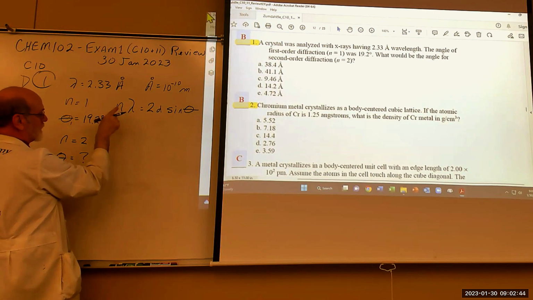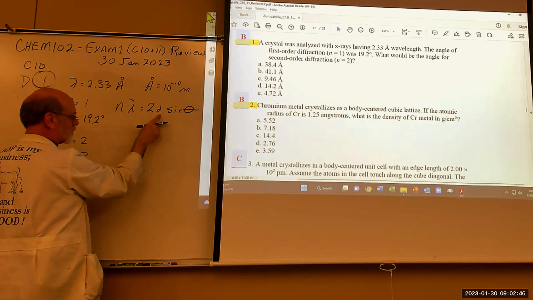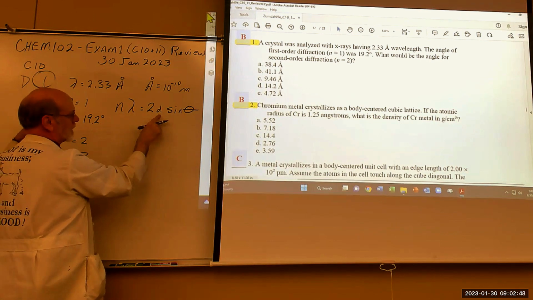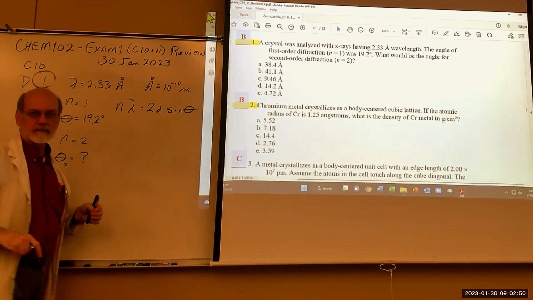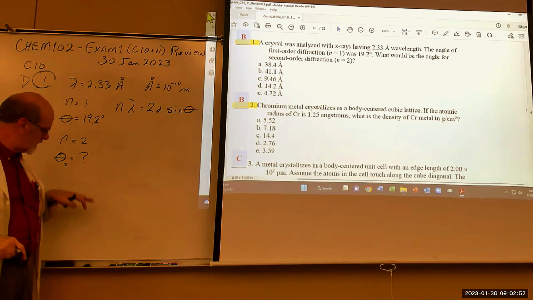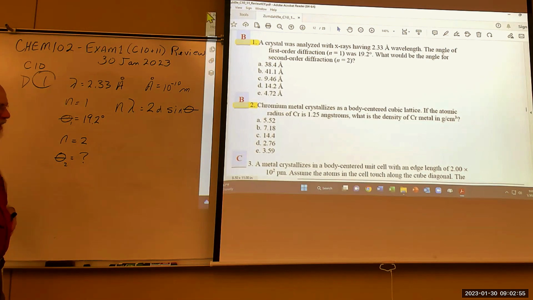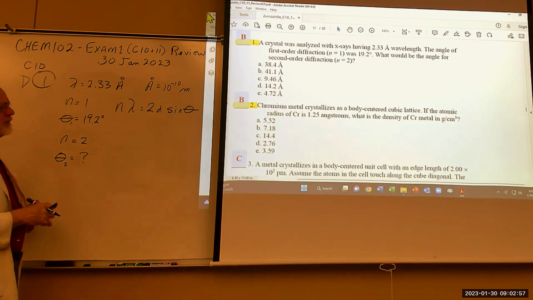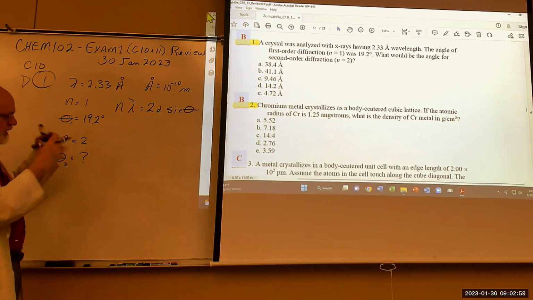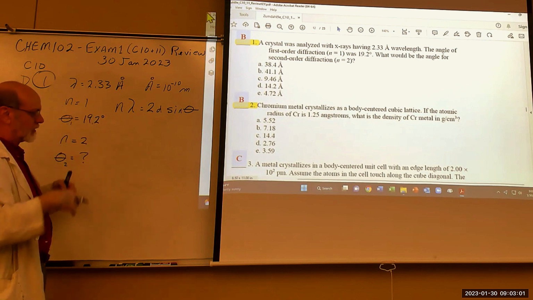This is 2 now. We put in the value determined for the first and then solve for theta. That would be the angle here. That's probably the best way to do it, simply because it follows a pattern.